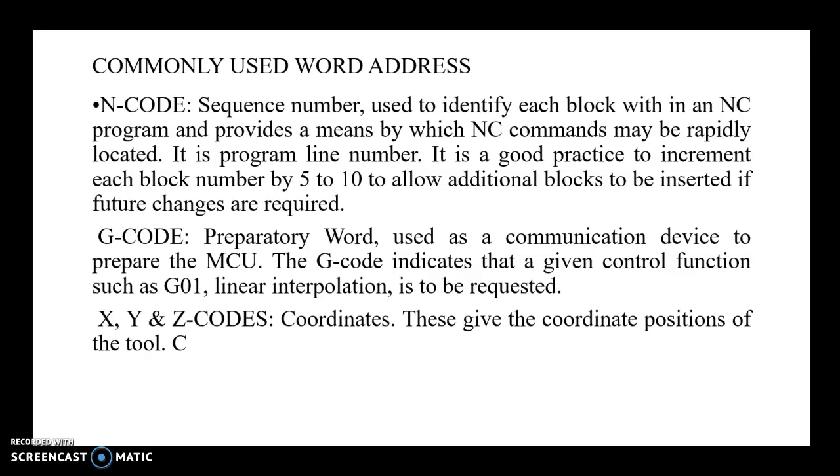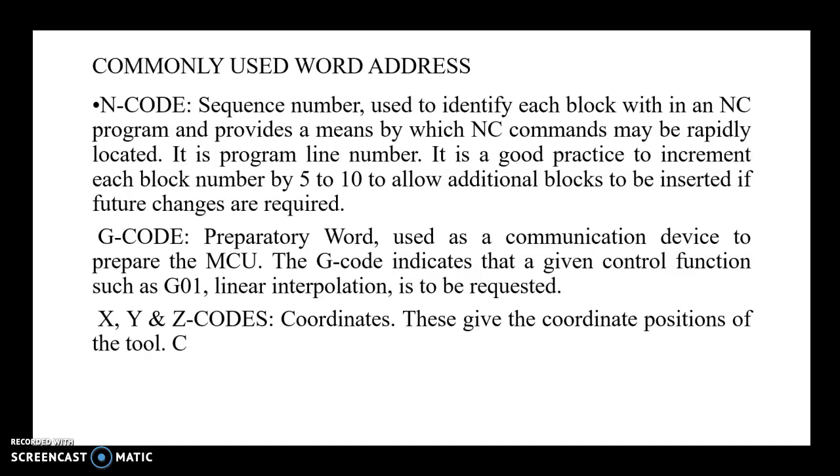It is good practice to increment each block number by 5 or 10 to allow additional blocks to be inserted if future changes are required. G code: the preparatory word is used as a communication device to prepare the machine control unit. The G code indicates that a given control function, such as G01 linear interpolation, is to be requested.